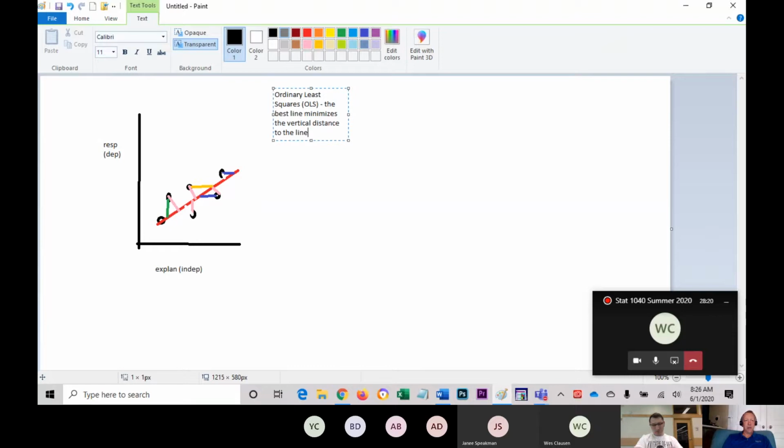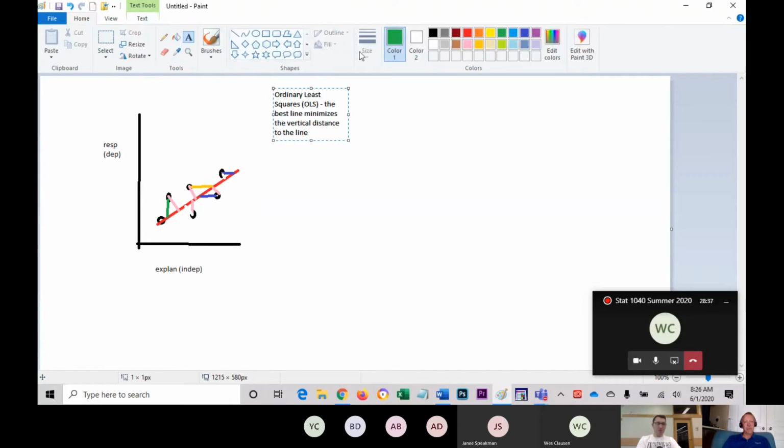You can't see it here because I changed my colors, but it's the green distance, or it's pink in this one. I didn't mean for it to be. Let me draw that one back in green. It minimizes the vertical distance of all of these, okay?